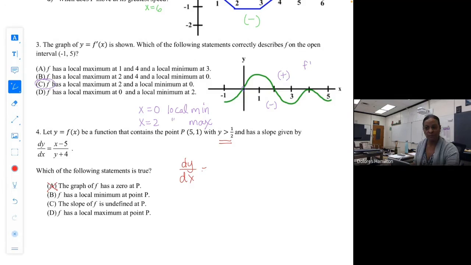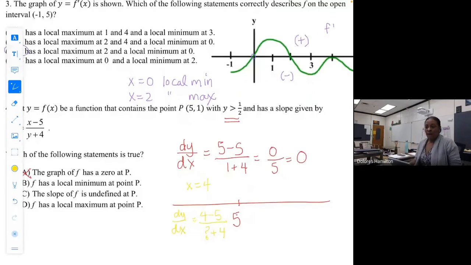So I'm going to use that derivative, and let's just see what happens when we plug in (5, 1). So we do end up with 0. So I know that that is a possible min or max, or neither. So what do we do? I'm going to use a number line and see what happens to the left and to the right.